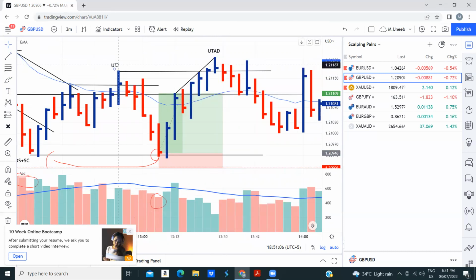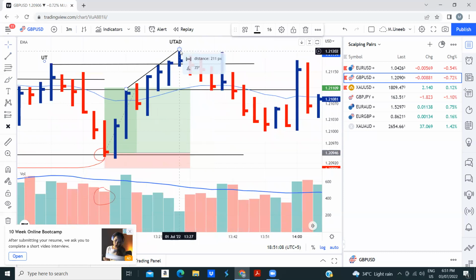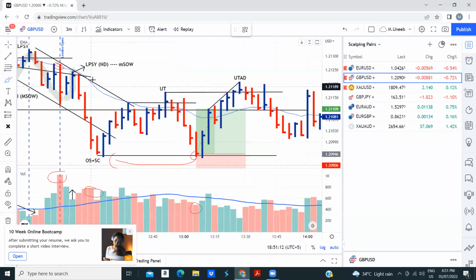And on this point, what are you going to do? And you see that UT80 comes at what? Here, the major sign of weakness is what? You can see here, falling through ice. This falling through ice is coming in this area. Up thrust confirms, right?